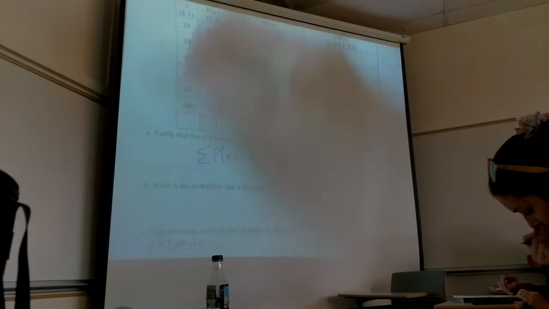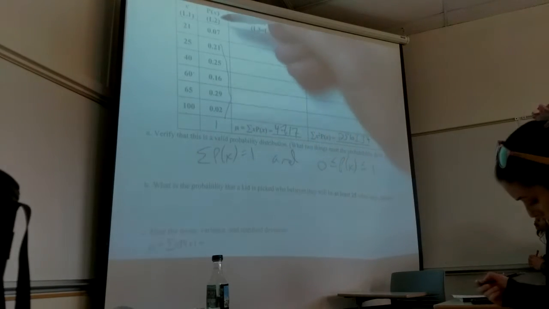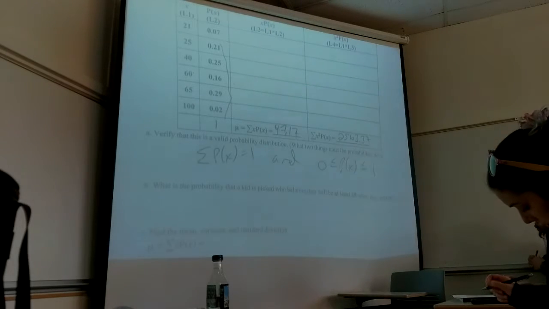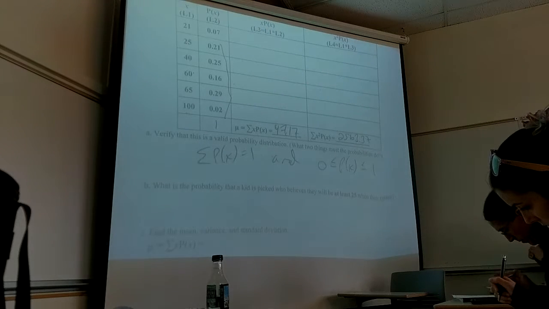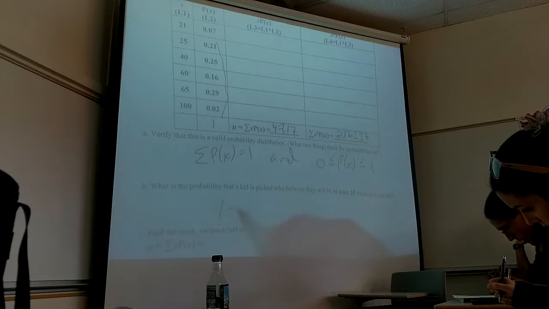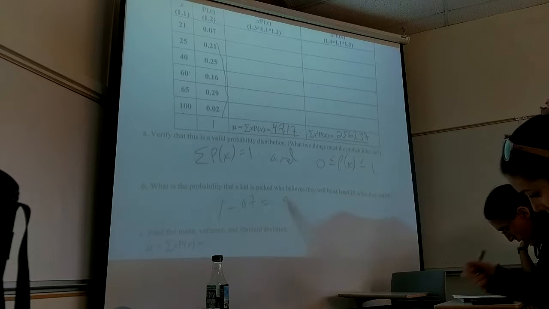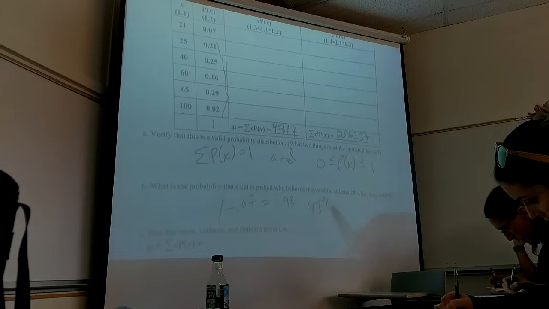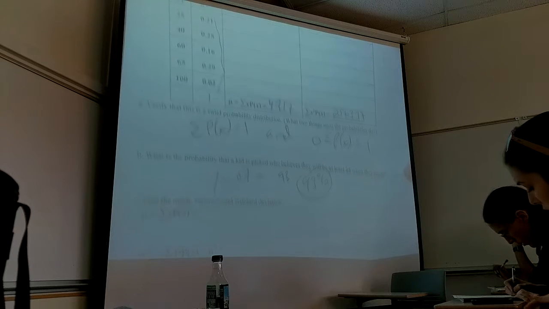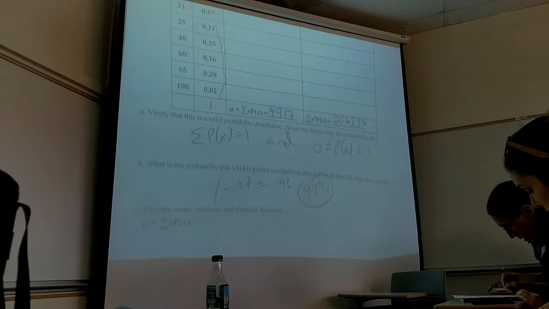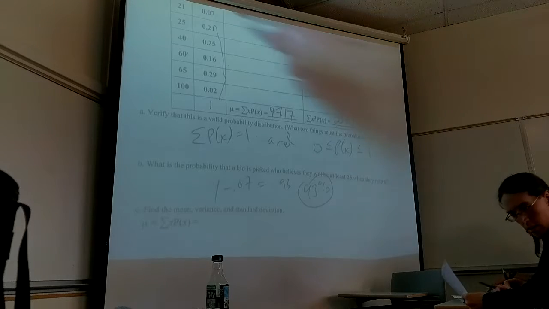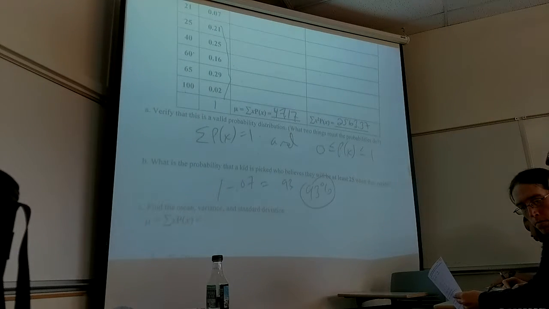Or you could do 1 minus the only thing I left off, and that's a little bit faster, right? That's related to the idea that at least 1 is 1 minus none. So this would be 1 minus 0.07, which is 0.93. Several are hoping they'll be Mark Zuckerberg, I guess.